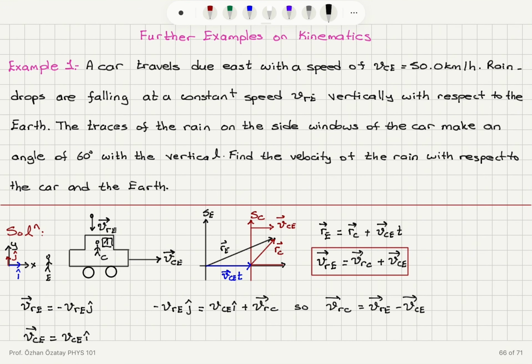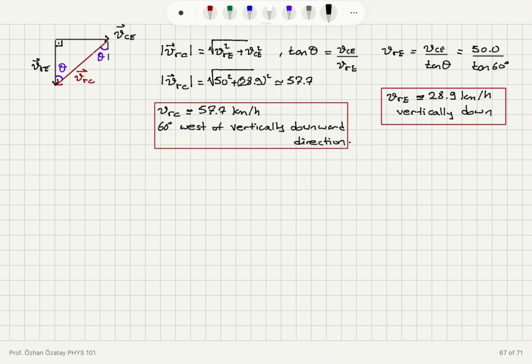velocity of the rain with respect to the car is the difference between VRE and VCE, and so you can see that it's going to make an angle theta with respect to the vertical, which is 60 degrees. So the VRE is basically VCE divided by tangent 60. Tangent 60 is VCE over VRE.